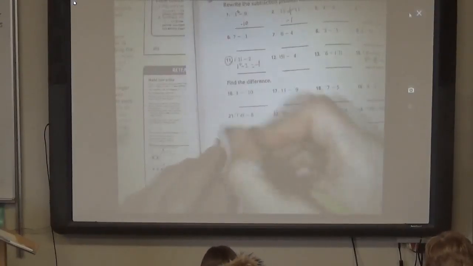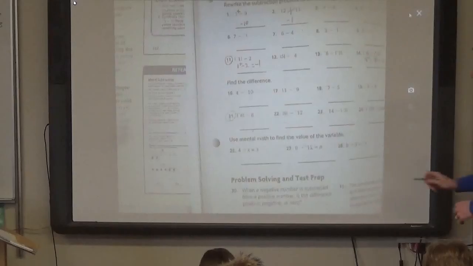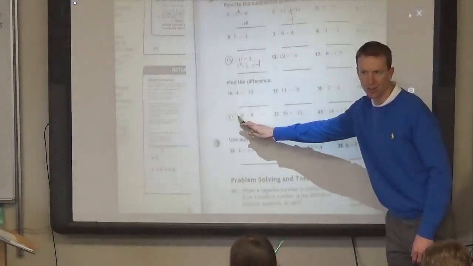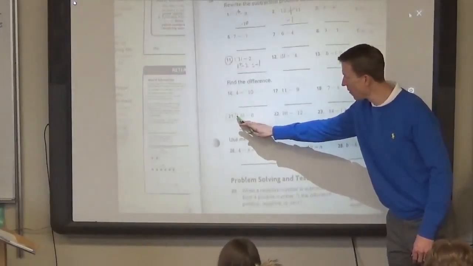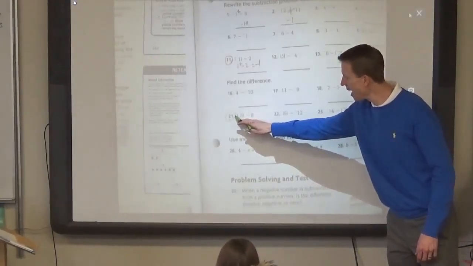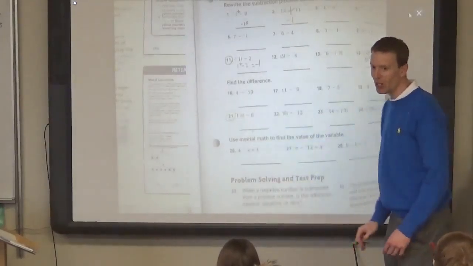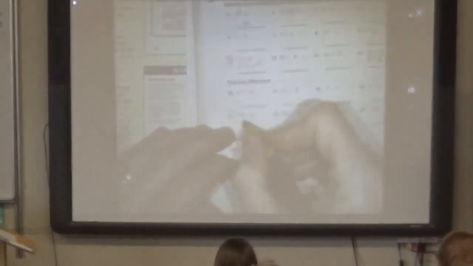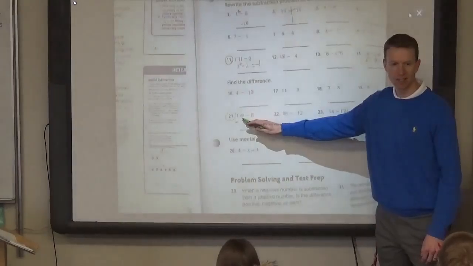Number 21. There's a negative sign outside of the absolute value. That one doesn't go away when we find the absolute value. This is the opposite of the absolute value, so you keep that minus sign there. You write minus, and then what's the absolute value of negative 6?